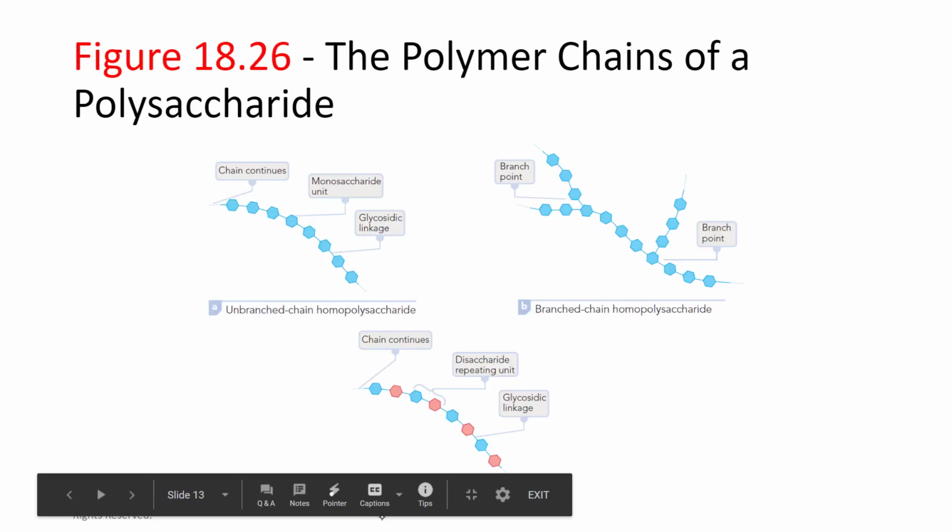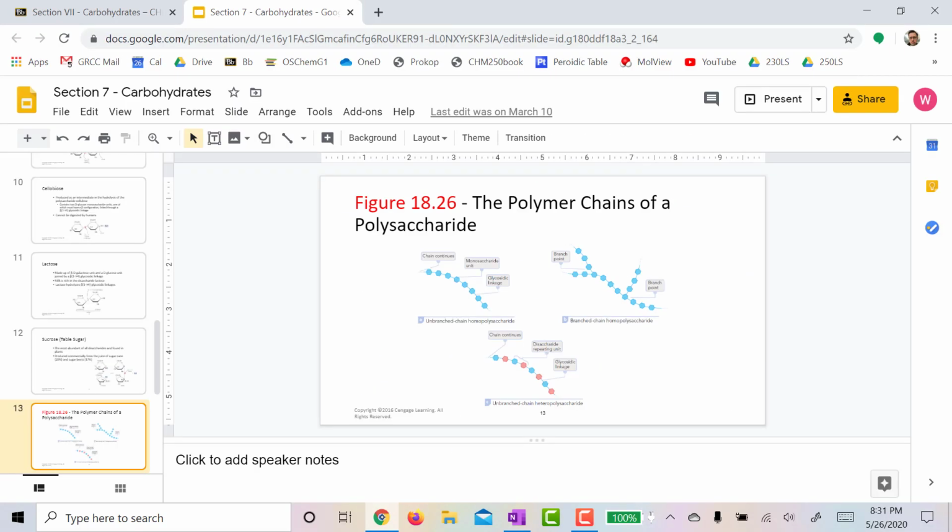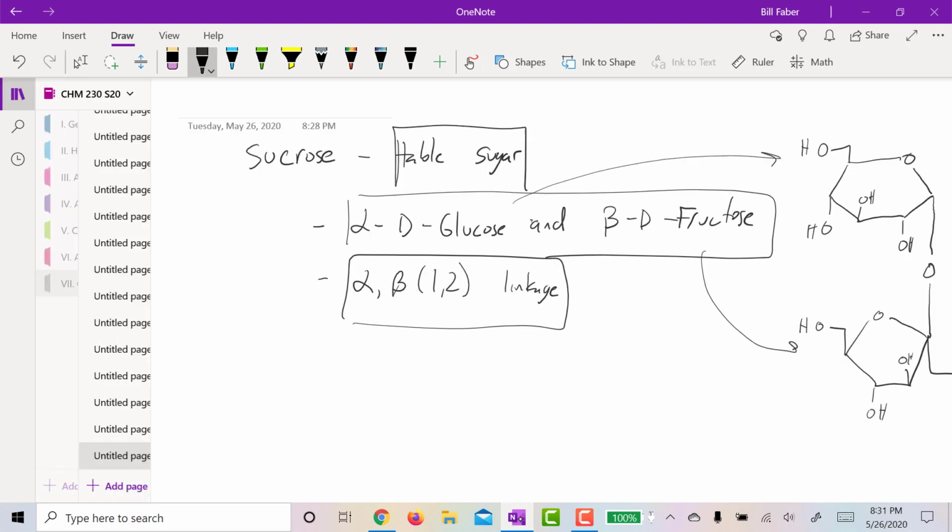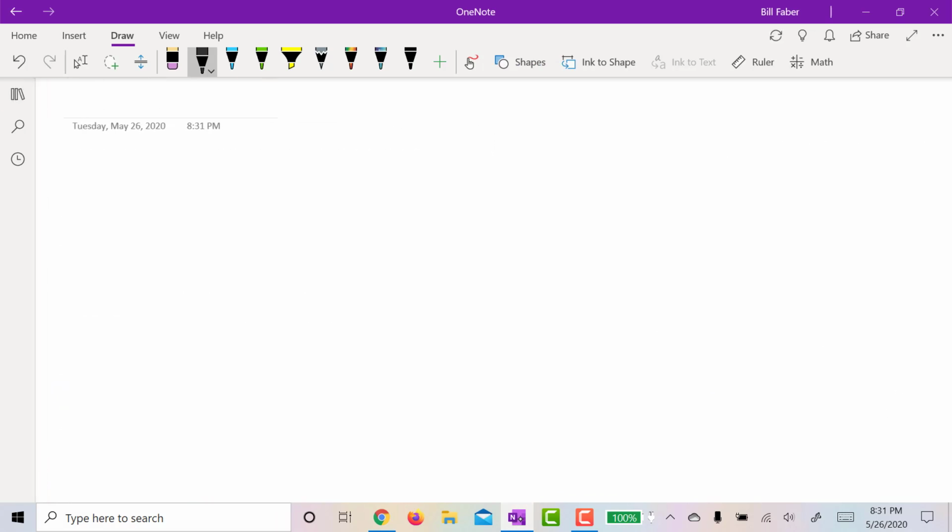All right. So let's finish this section up by talking about polysaccharides. So this is F, polysaccharides. Now, there are 4 distinguishing characteristics that I want you to be able to define, how to define a polysaccharide.